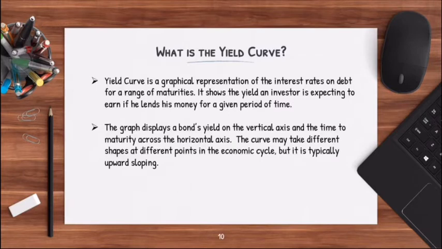It shows the yield an investor expects to earn if he lends his money for a given period of time. The graph displays a bond's yield on the vertical axis and the time to maturity across the horizontal axis. The curve may take different shapes at different points in the economic cycle, but it is typically upward sloping.